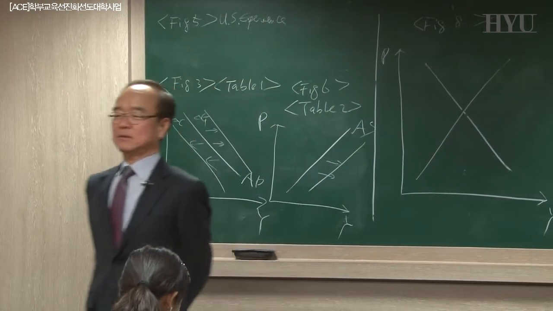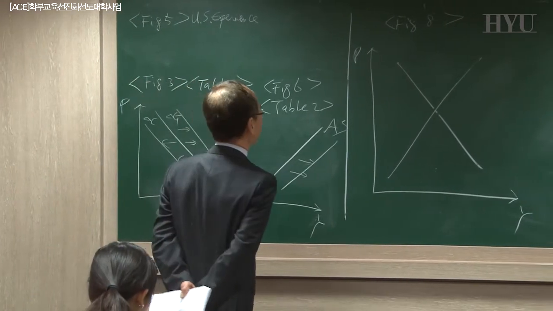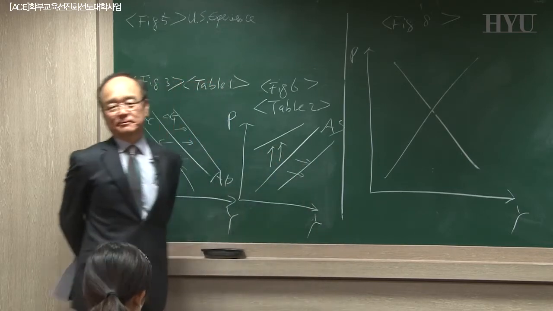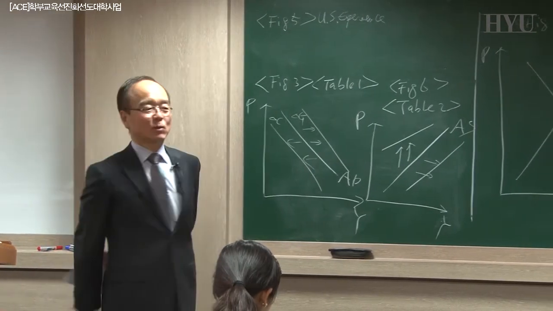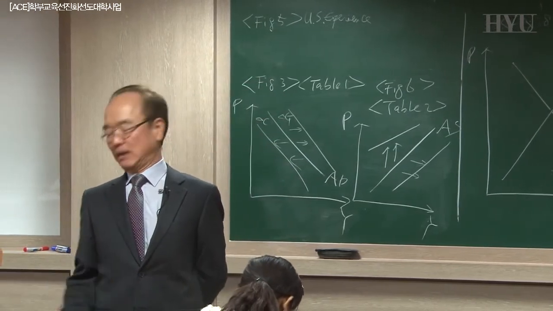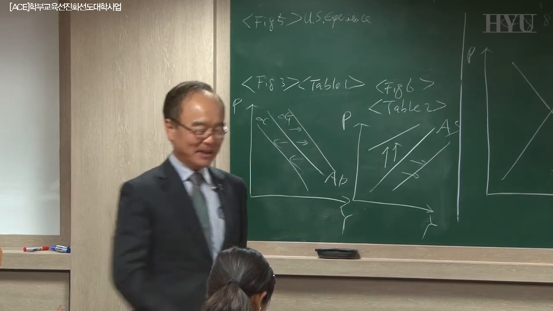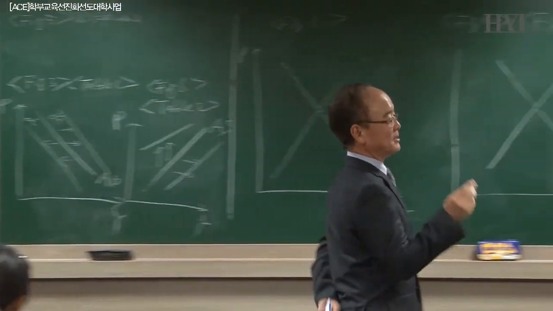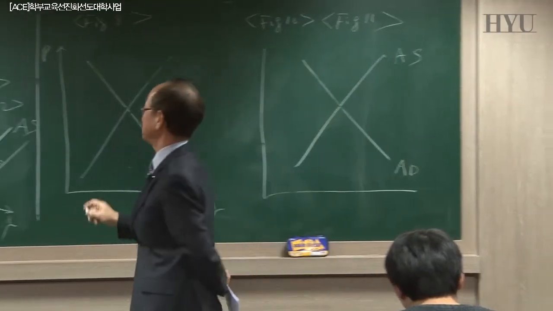Production cost goes up, and this may shift in this direction. Oil price is the key raw material for almost anything, right? Many things are made from oil. When oil prices go up, prices will go up, right? Understandable. This will shift in this direction.